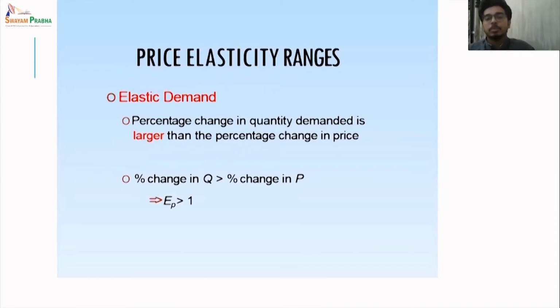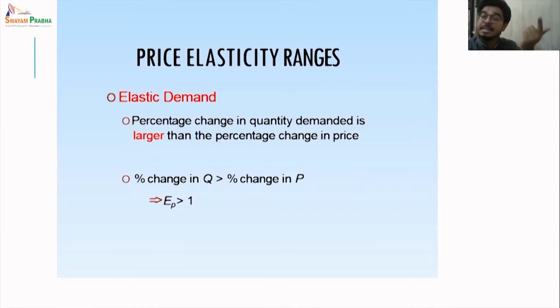Yes. So the price elasticity varies within a certain range. We'll start with the basic general one. So elastic demand. What does elastic demand mean? An elastic demand is when a particular commodity's price has increased and then the demand has decreased. Now, let us keep it in a general form, that the change in price has caused a certain change in quantity demanded.